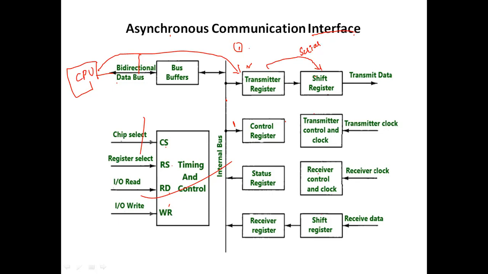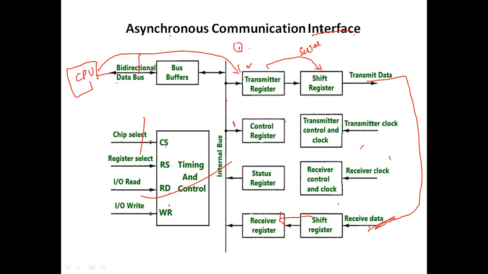This serial information is received into another shift register. Whatever information is transmitted is received by this other shift register, and it is transferred to the receiver register when a complete data is accumulated.